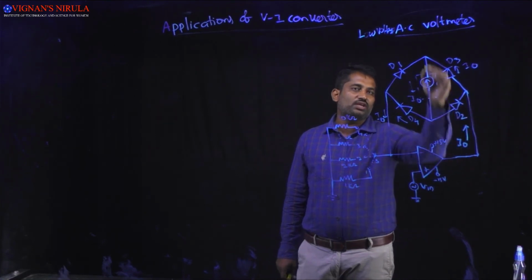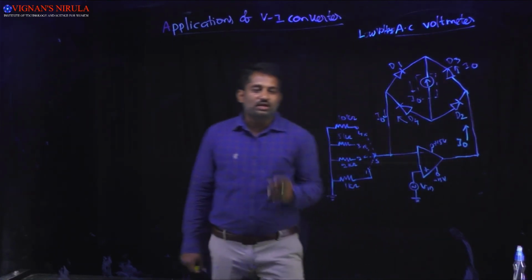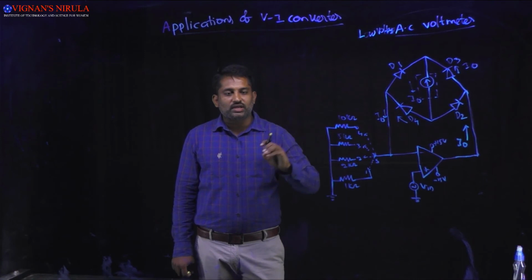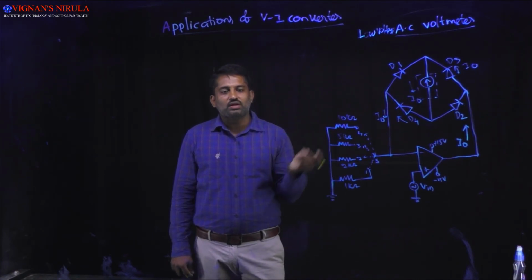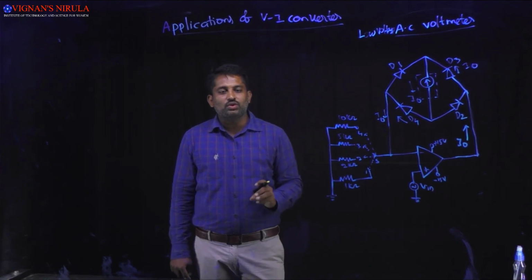So the diodes D1 and D2 are conducting. So in both cases, whether the input voltage is positive or negative, the direction of the current passing through the D'Arsonval meter is the same.